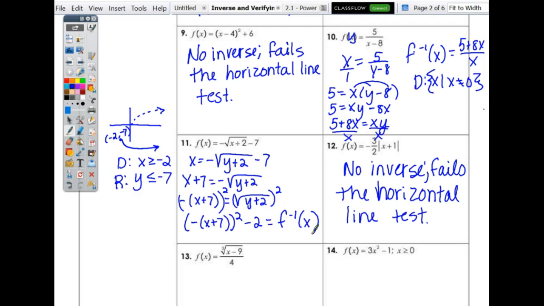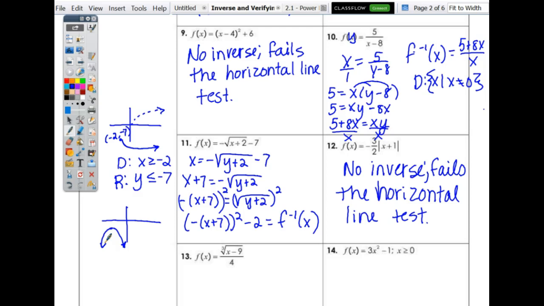So when I do this, this is a parabola, right? And it's upside down, negative 7, negative 2. So I'm going to restrict on the x's to which side?